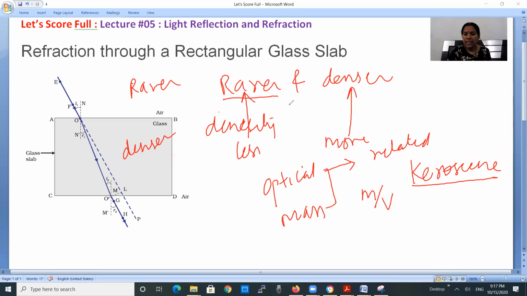Kerosene has less density than water. Less density means if you pour kerosene on water, it will float over the water. But if I see the bending of light through kerosene, it will be more than water.